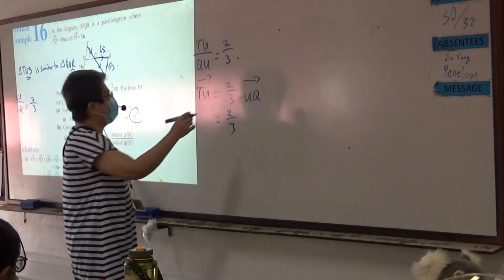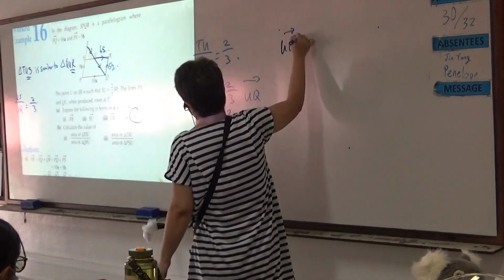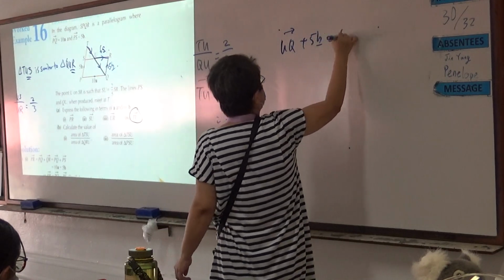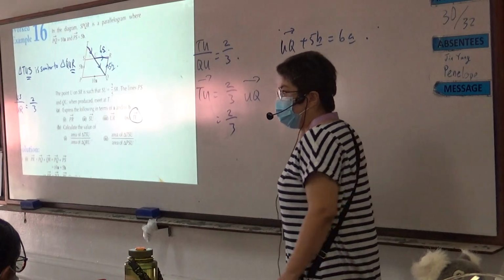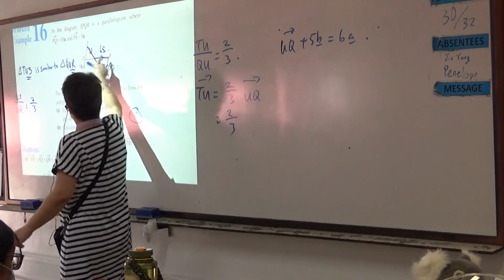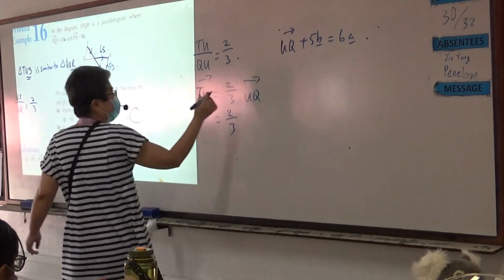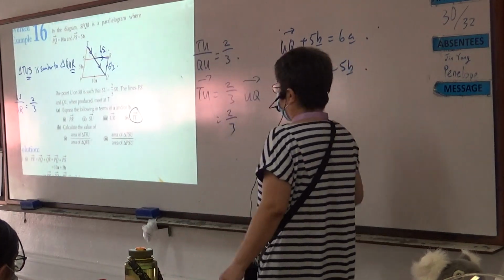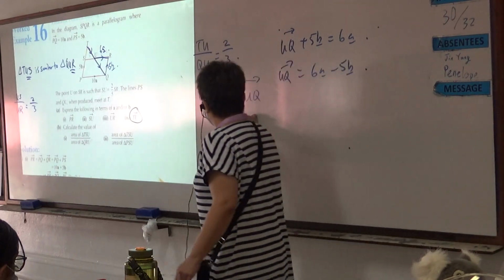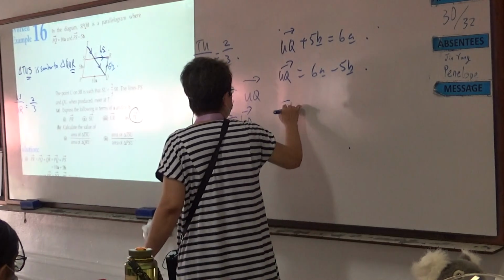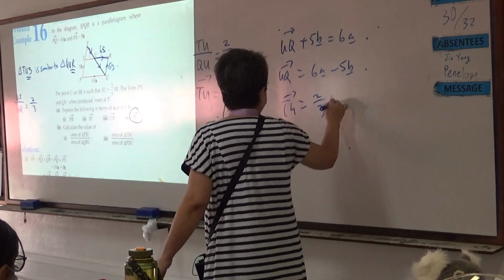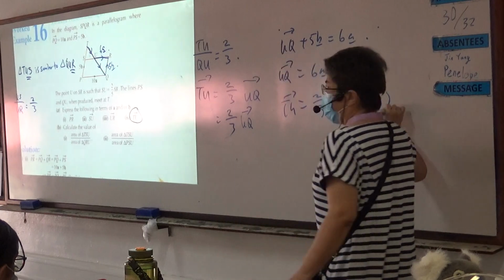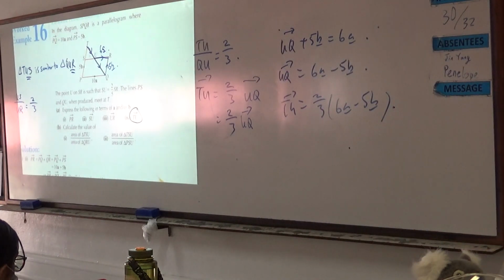Do you agree that UQ plus 5B is 6A? Can you see? This plus this is this. So UQ will be 6A minus 5B, right? Okay, so this is 2/3 of UQ, so TU will be what? 2/3 of 6A minus 5B. I think this is clearer to you.